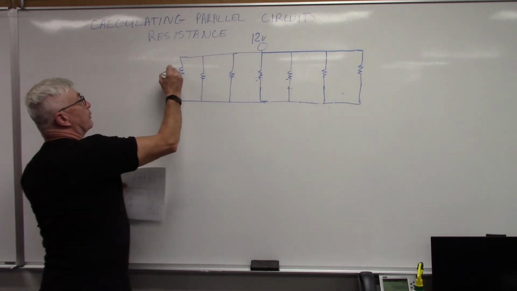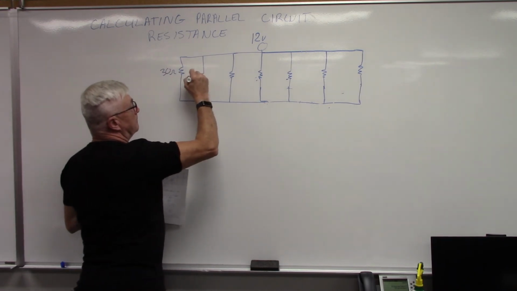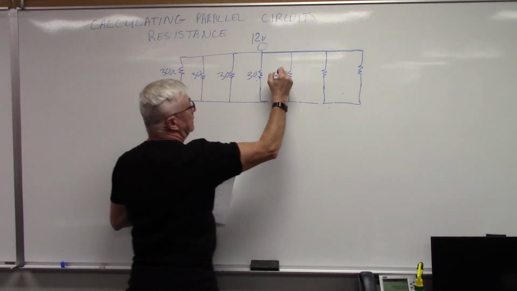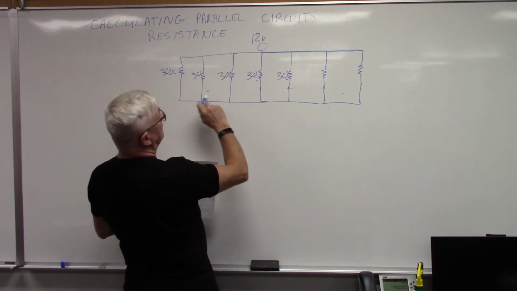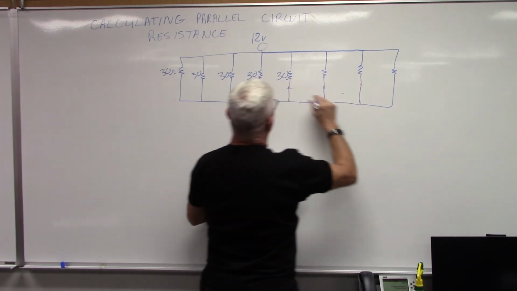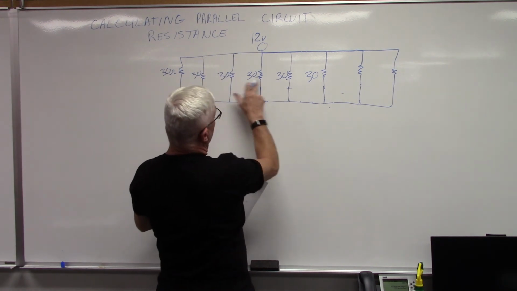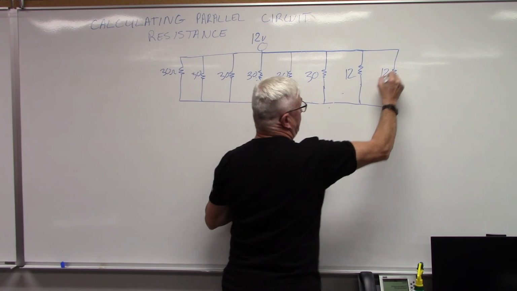So these ones, we're going to go 30 ohms on each of them. 30, 30, 30, 30, 1, 2, 3, 4, 5. Oh, we need one more resistor. 30. 1, 2, 3, 4, 5, 6 30s and 2 at 12.